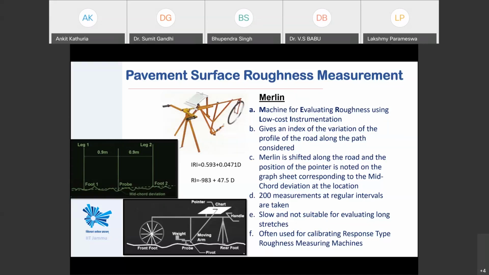However, the relationships shown here with the IRI have a constraint that D varies from 42 to some 312 value, if I'm not wrong. So yes, there is indirect measurement of roughness index or IRI using the D values, and hence, even though it is a low-cost equipment, it becomes a very useful equipment.